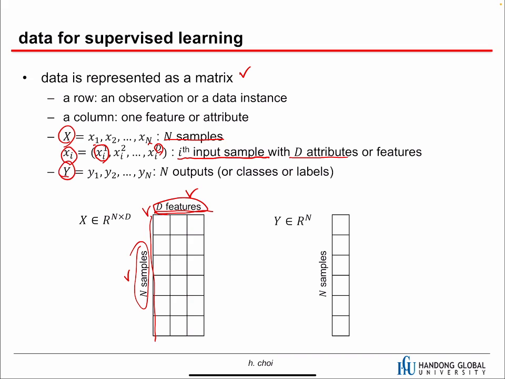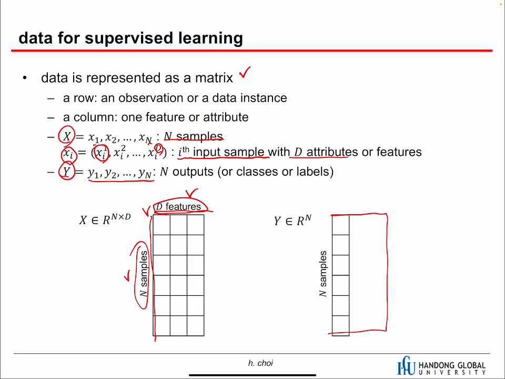Y is usually the output. Since we have n samples, we have n labels, so we have n outputs. It could be classes, or if it is a regression, then it is just a value. If it is a regression, we can have a matrix like this.